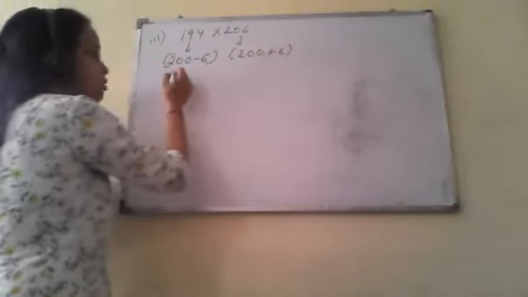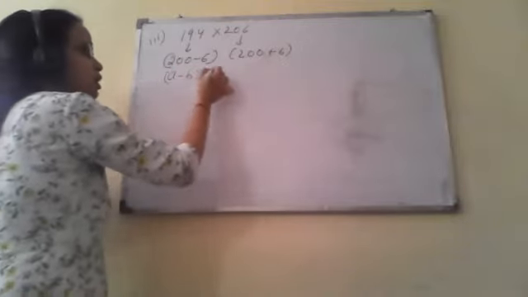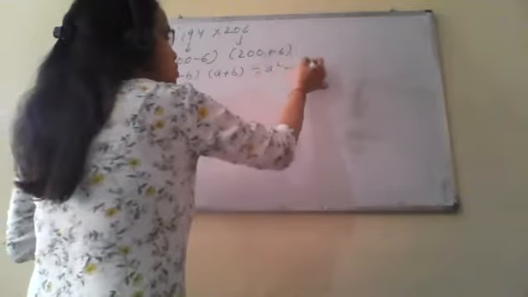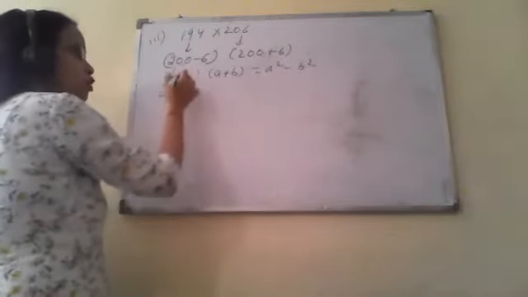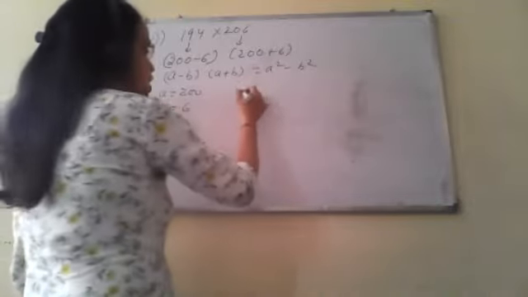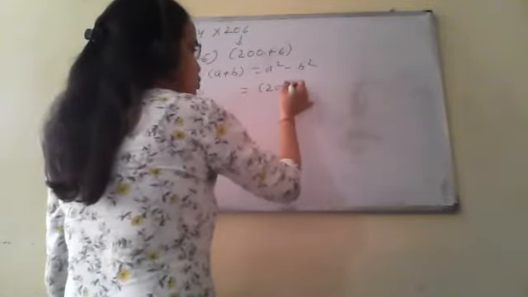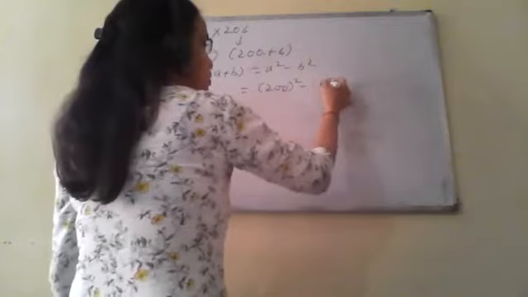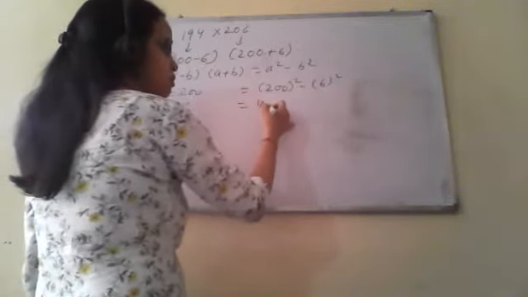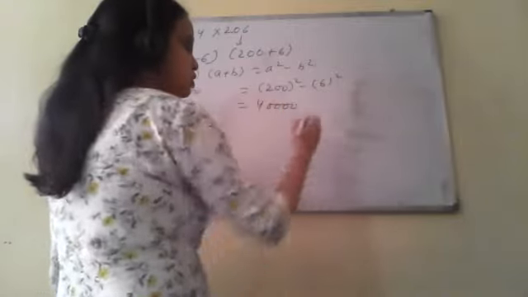Now this is in the form of (a − b) into (a + b). What was it? a square minus b square. In place of a you have 200, and in place of b you have 6. So a square, it was 200 square minus 6 square. If you calculate, this will become 40,000 minus 36.